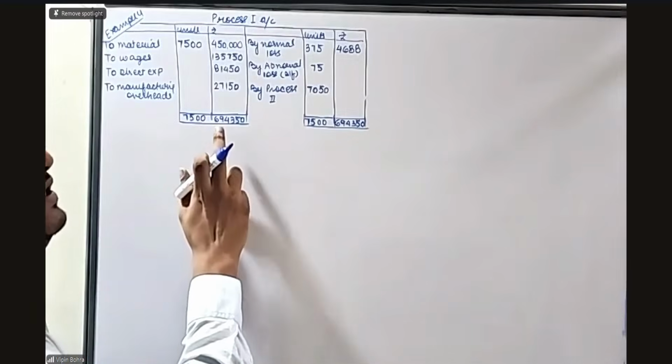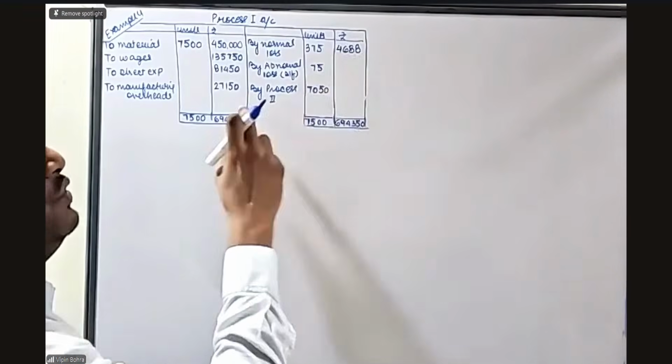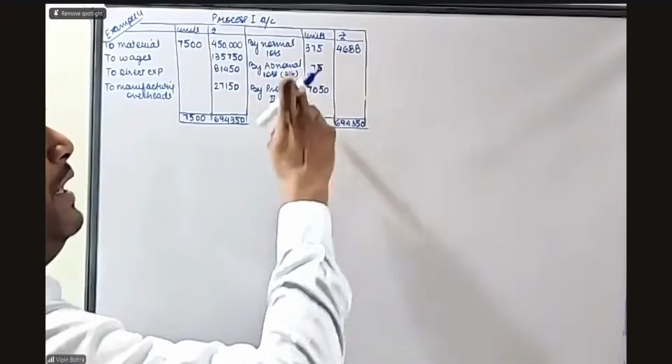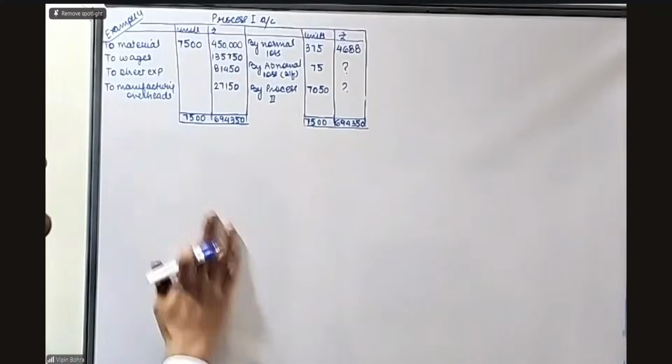So we have to distribute this total cost minus the scrap value among these two. Ultimately, this net amount is to be distributed among these two. So let's calculate the final value.